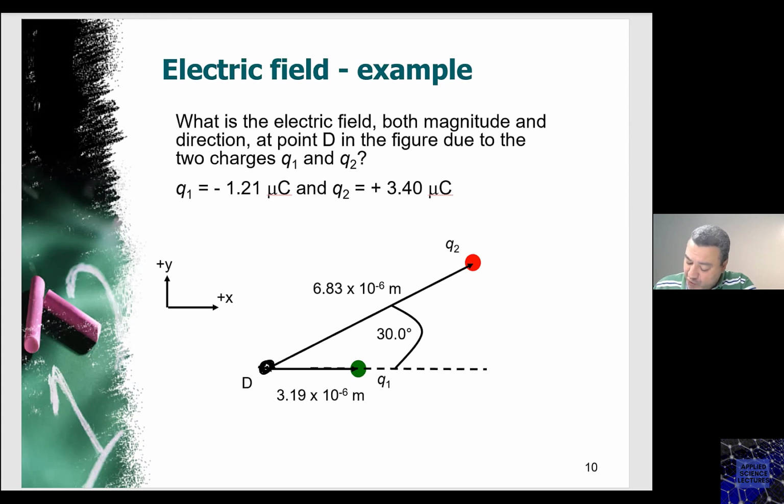The first one, Q1, is minus 1.21 microcoulomb, and the second, Q2, is positive 3.4 microcoulomb. So let's calculate that electric field at that point.